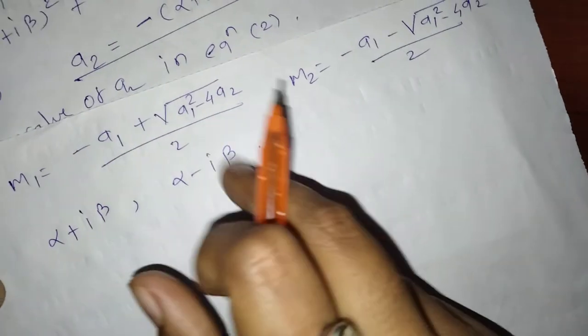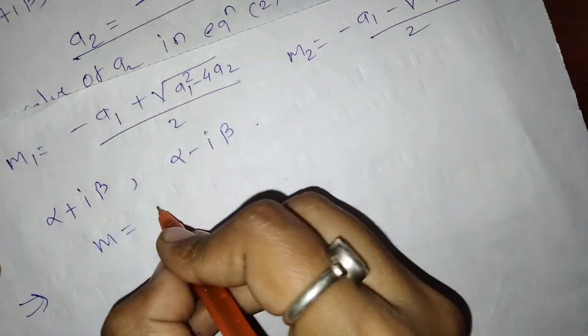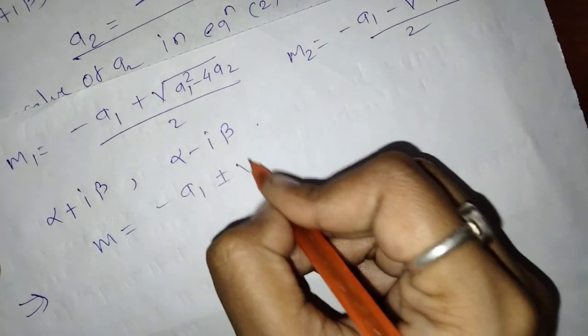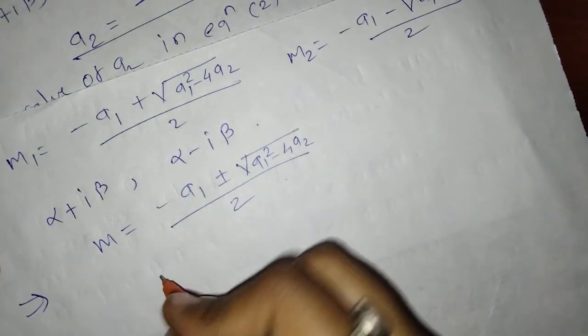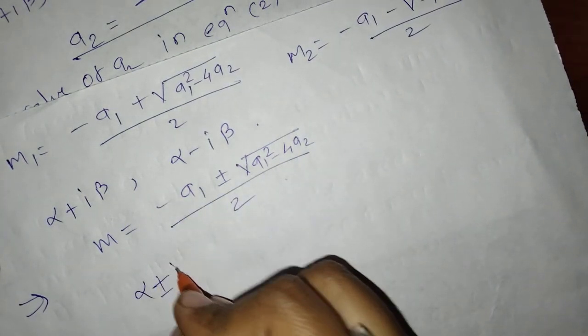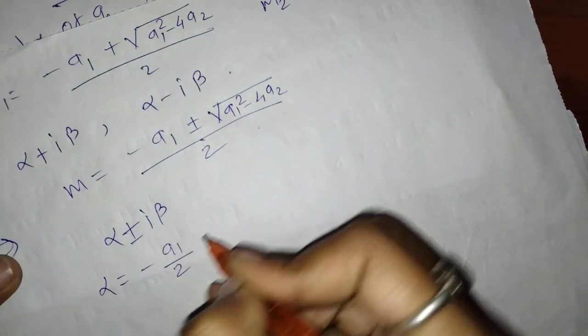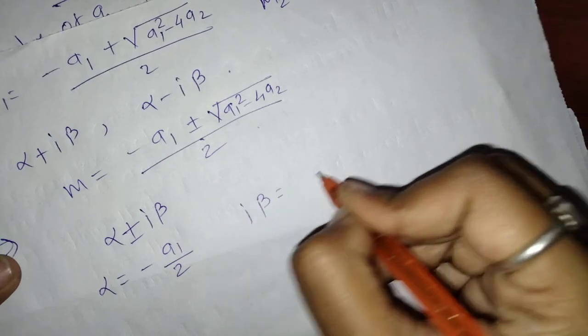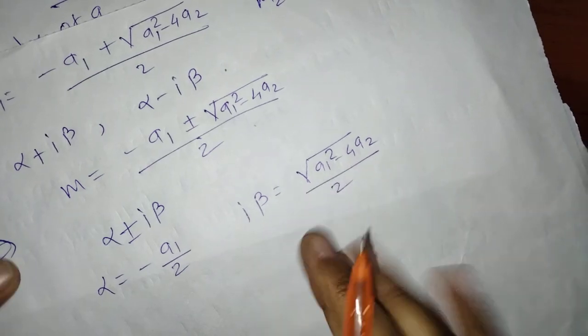So we can compare these two, which implies, or you can simply write, m is equal to minus a1 plus minus under root a1 square minus 4a2 upon 2. So comparing alpha plus minus i beta, you can get by comparing these two, alpha is equal to minus a1 upon 2 and i beta is equal to under root a1 square minus 4a2 upon 2.